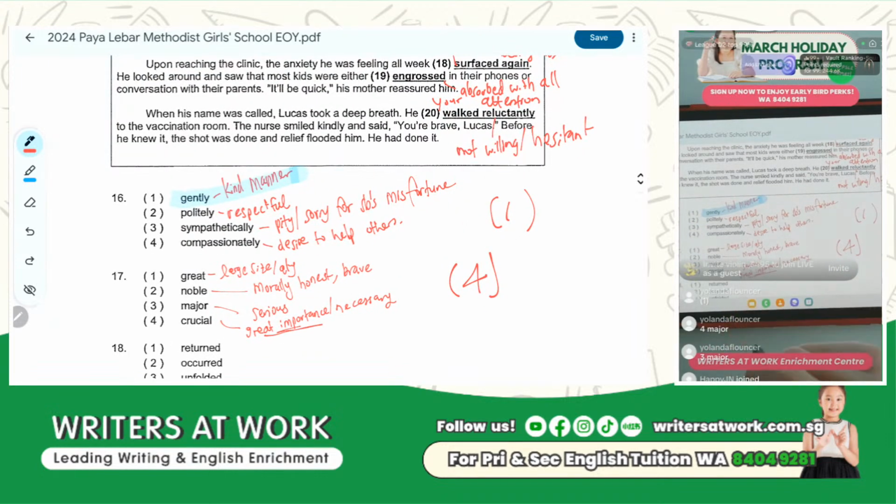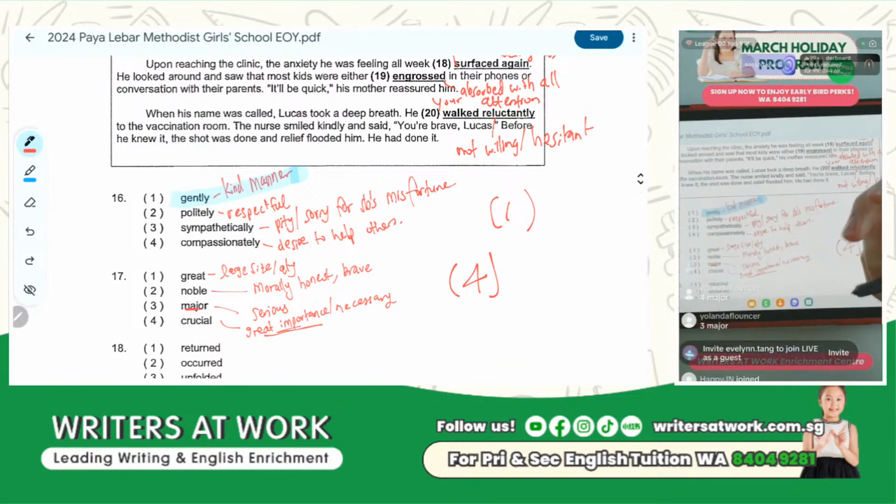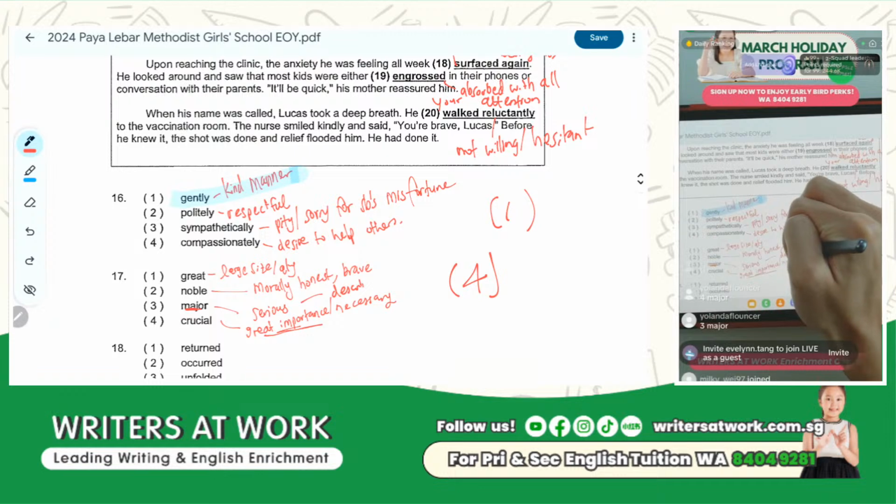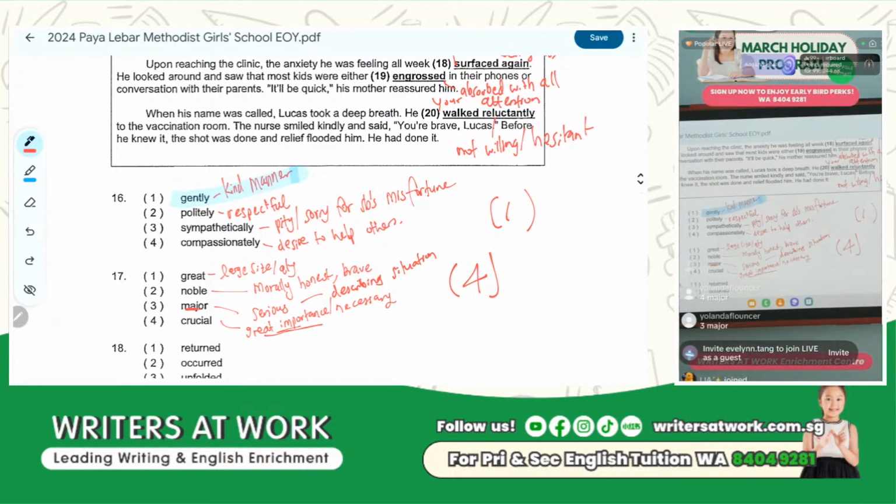Option 3, take note, when you talk about something being major, you are describing the situation. So it's not so much about the outcome, but the current situation that you are in. That's why we will say there is a major accident, because we are just looking at the current situation. Maybe a lot of people were injured.